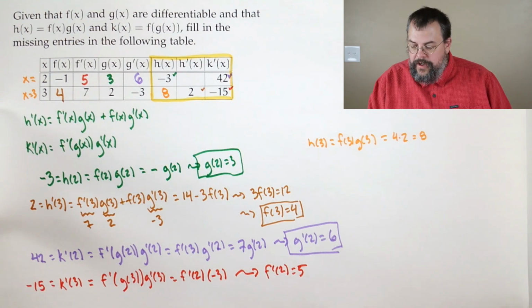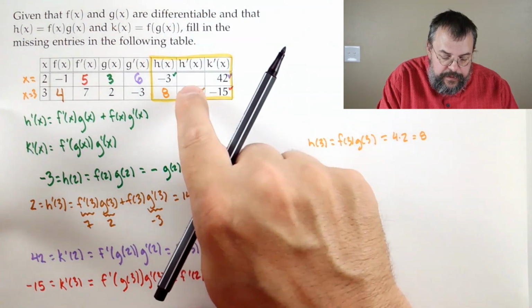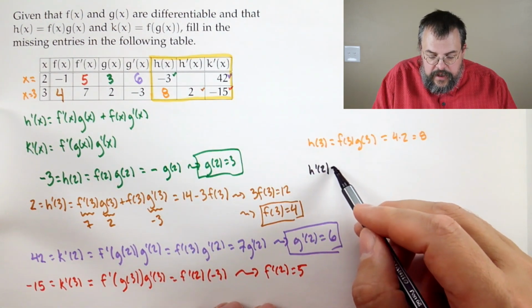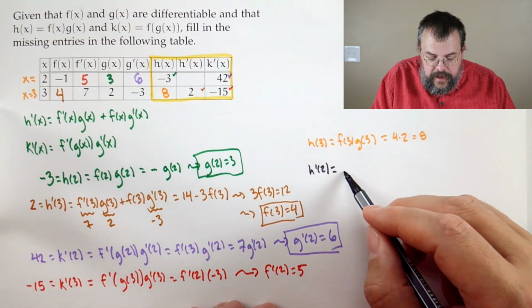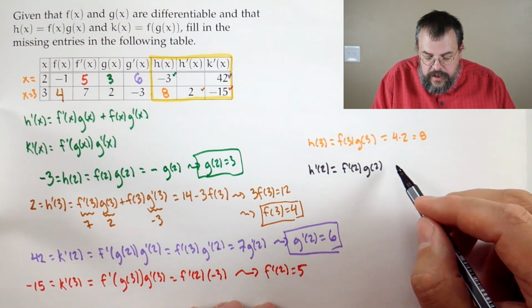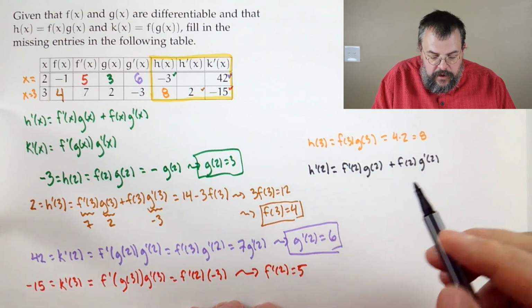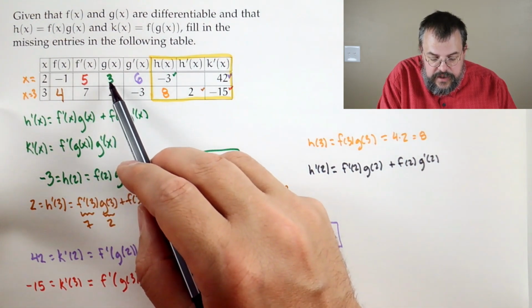we get to our last little piece, which is we need to know h prime of 2. So h prime of 2 is, according to the rule, see here's our h prime, f prime of 2 times g of 2 plus f of 2 times g prime of 2. So f prime of 2 is 5, and g of 2 is 3.